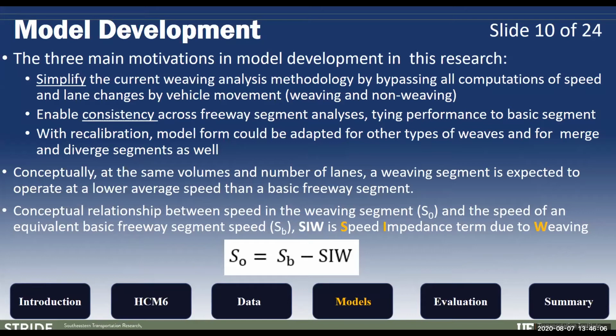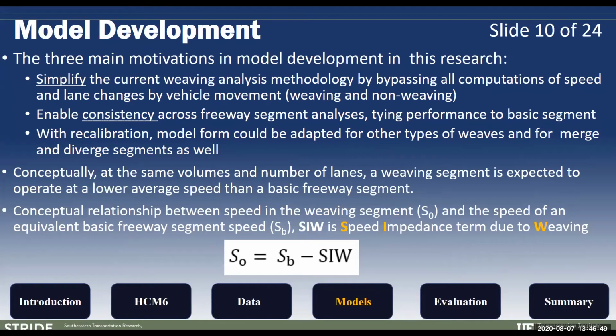And the way we do that is we start by saying we expect the speed on the weaving segment to be always either equal to or lower than the speed on a basic segment that has the same total volume and the same number of lanes and the same free flow speed. So our conceptual model is actually very simple. It's the speed in the weaving segment is equal to the speed on an equivalent basic segment minus what we call here a speed impedance term due to weaving, which is SIW.